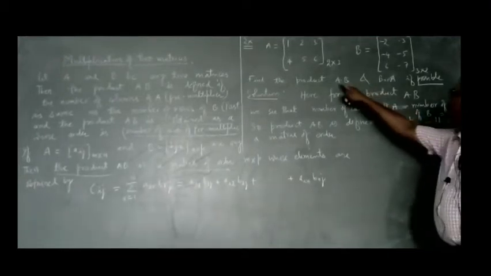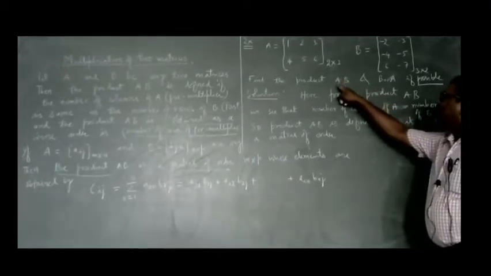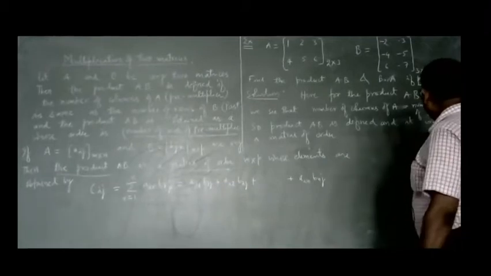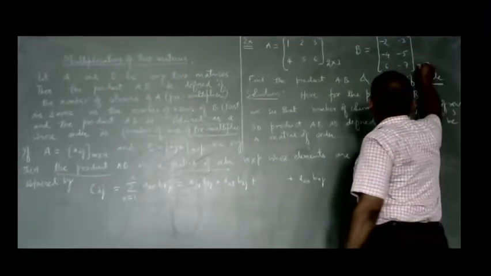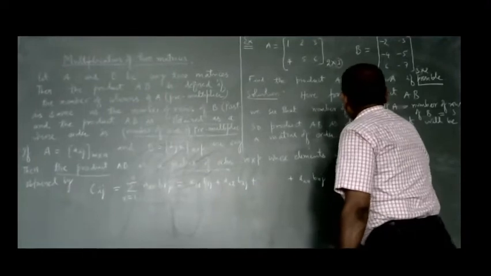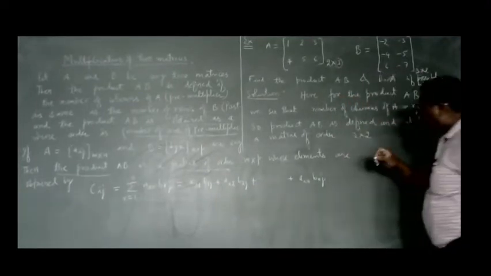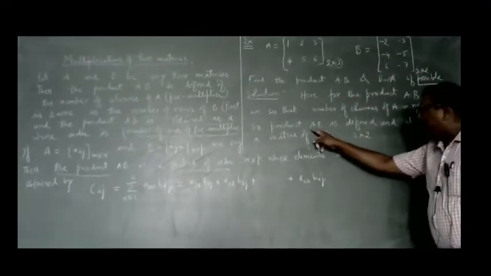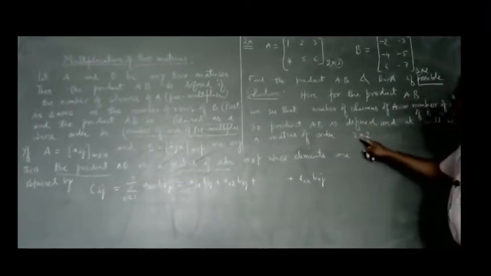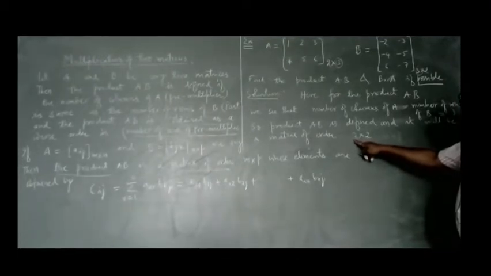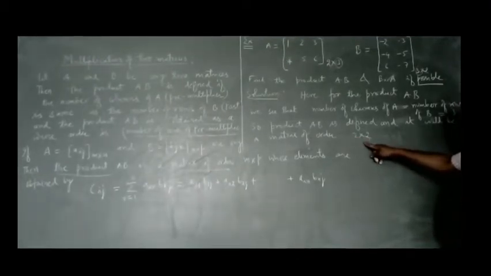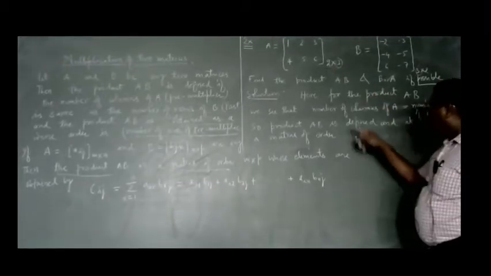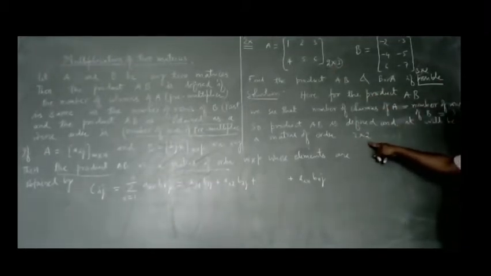The number of rows of pre multiplier is 2 and number of columns of post multiplier is 2, so the order is 2 into 2. So AB will be defined and it will be a matrix of order number of rows of pre multiplier into number of columns of post multiplier.